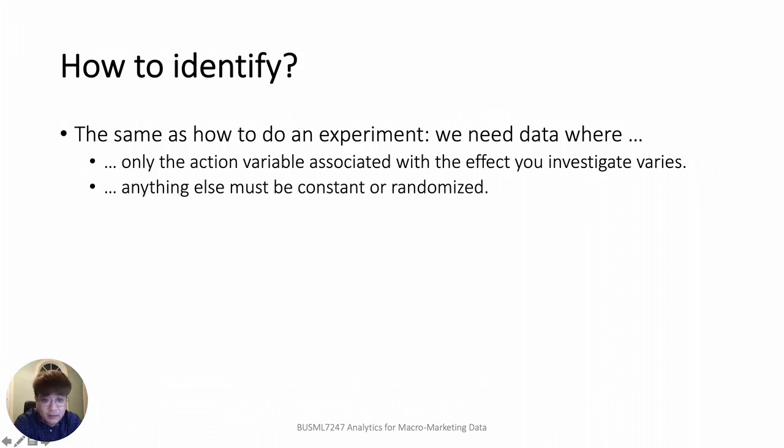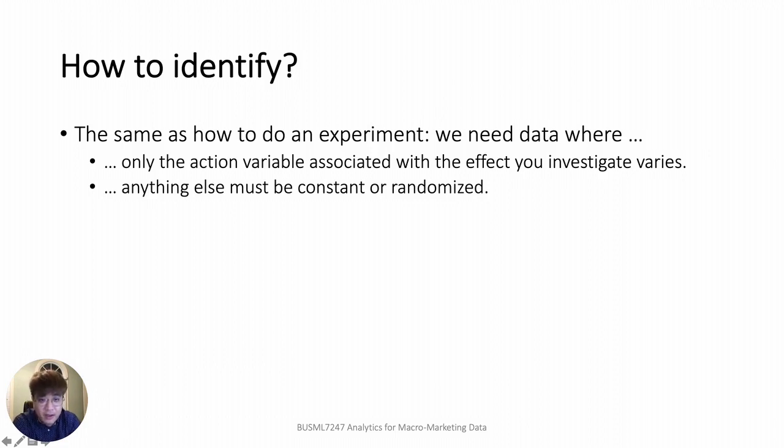Identification of an effect is similar to conducting an experiment. When we do an experiment to investigate an effect, we design a treatment group and a control group with only one difference between them. The treatment or action involves the effect, and any other factors must be constant or randomized.